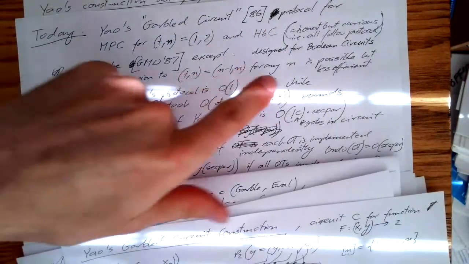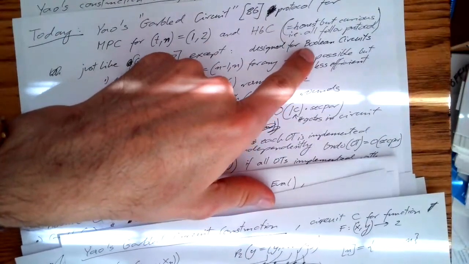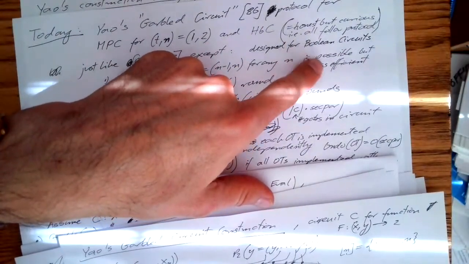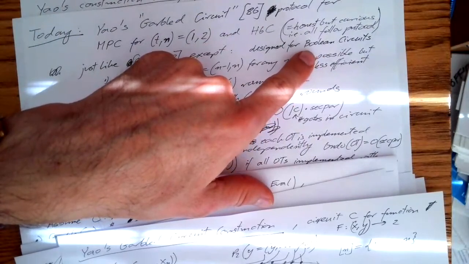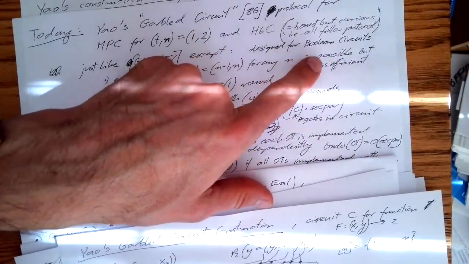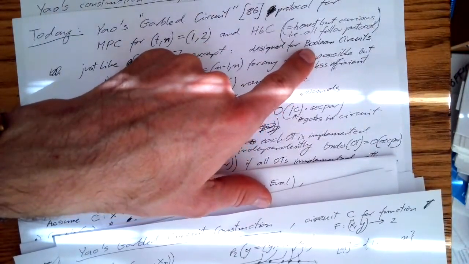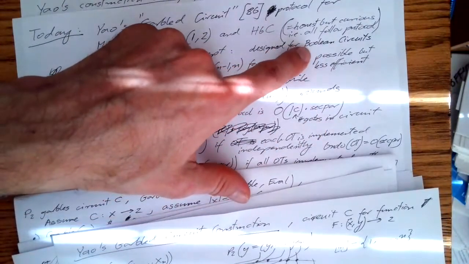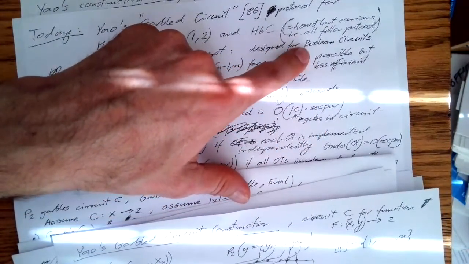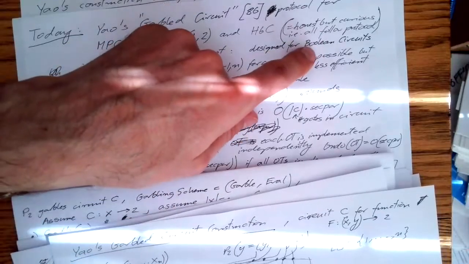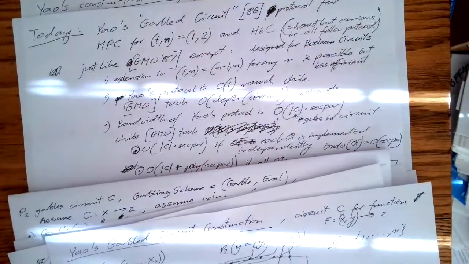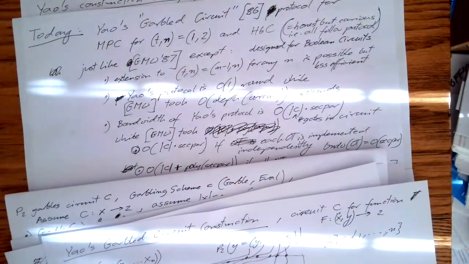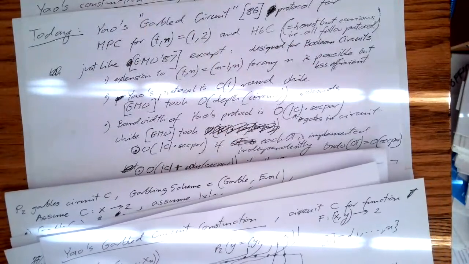In fact, later, when we get to ORAM, we'll see that the Boolean circuit limitation is a significant limitation. There are other models of computation where you can structure the computation differently, so you can go over this limit as well.